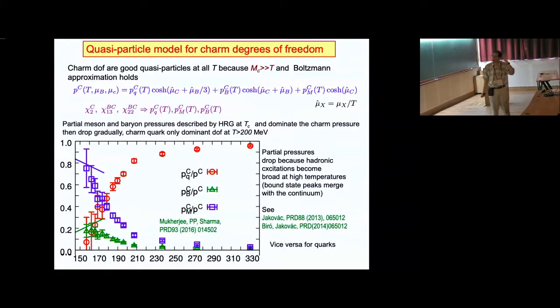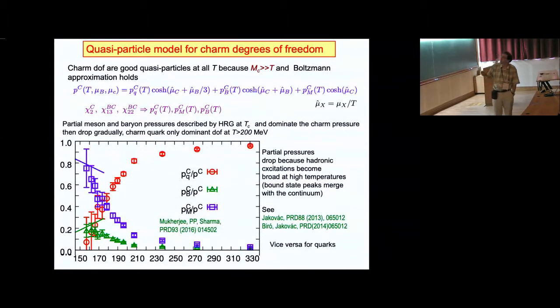So in principle, you could use a Boltzmann approximation also above the transition temperature, where you have quark degrees of freedom. And in the most general case, you could think of rewriting the partial charm pressure as a contribution from charm quarks, charm baryons, and charm mesons. And of course, the chemical potential dependence, as usual in the Boltzmann approximation, factors out and is given by these cosine hyperbolicus factors.